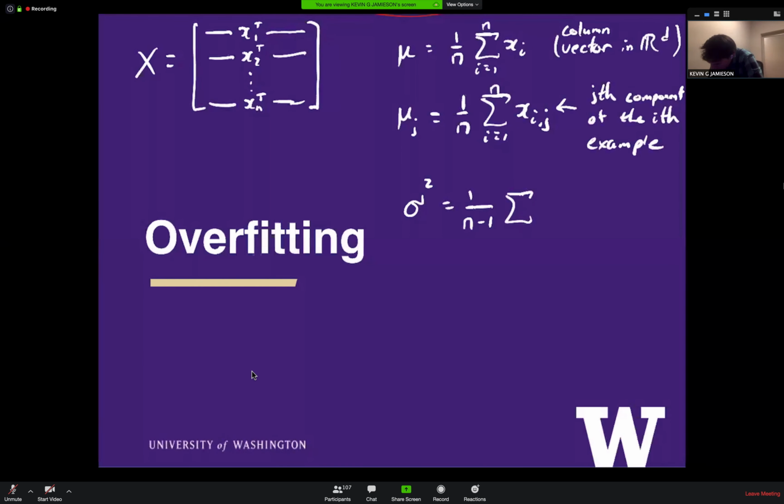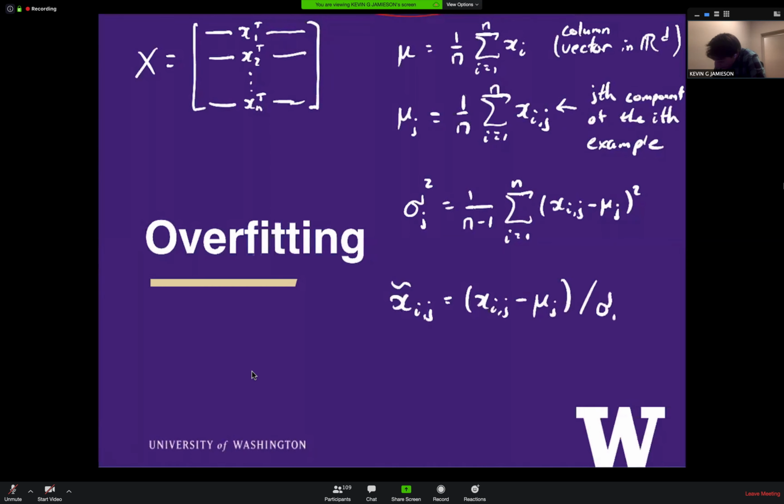And then we could define the sample variance, sigma j squared, as 1 over n minus 1 times the sum of xij minus mu j squared. And then to standardize our data, we could define x tilde ij as being equal to xij minus mu j divided by sigma j.